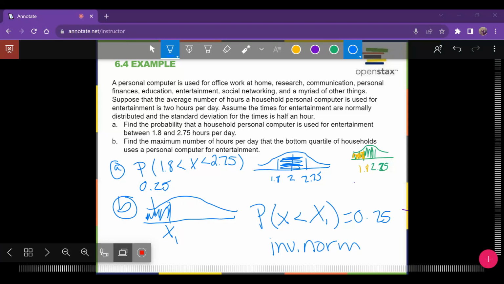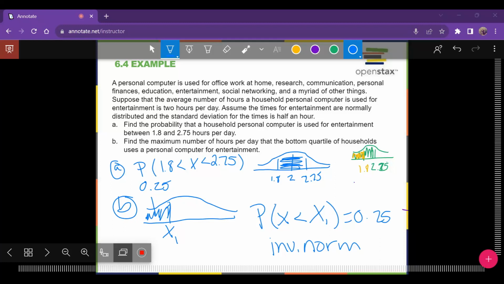Now for the other one, we're looking for an x value, but we know a probability. So we're going to use the norm inverse function. So that's norm.inv. We're going to give that probability, which is 0.25. We're going to give the mean, and we're going to give the standard deviation. And then it will tell us that occurs at 1.66.